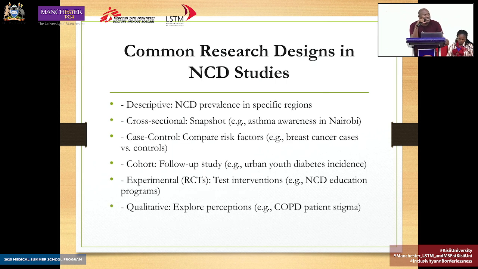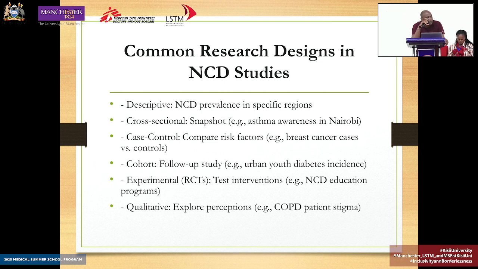Some common research designs in NCD studies. You can use descriptive research designs. And descriptive research designs are very important when you are looking at prevalence rates of NCDs in different regions. You want to know about Kisii, about Homa Bay, Kisumu.